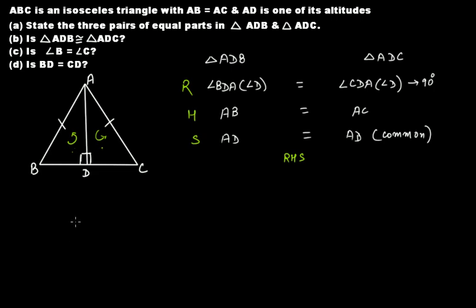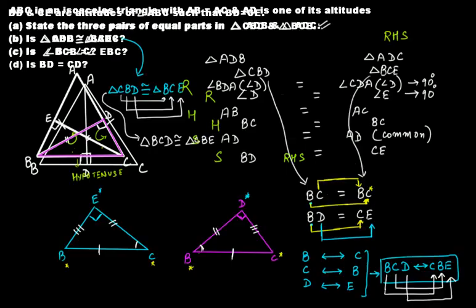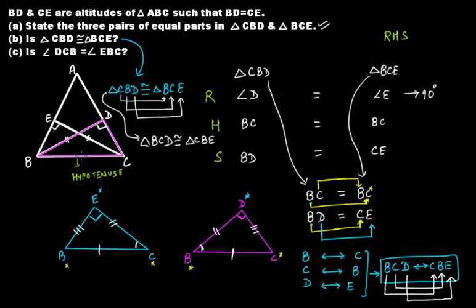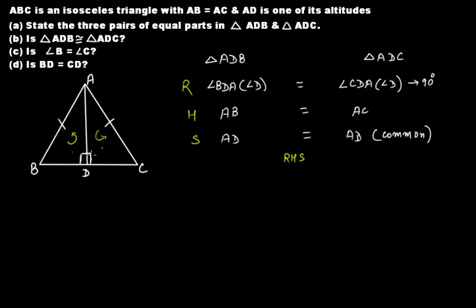Now again, whenever we talk about congruency, we always think of correspondence. We have to fulfill the correspondence. This is not as difficult as the previous one. Just imagine that you take this part ADC and fold it around this line AD onto this side.